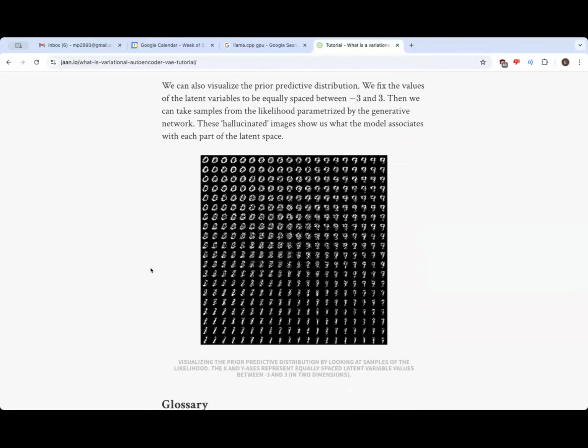So there's a z here, z here, z here, which is like -3. The coordinate will be -3 by 3 for your z variable, and here the coordinate will be 3 by 3, and so on and so forth.